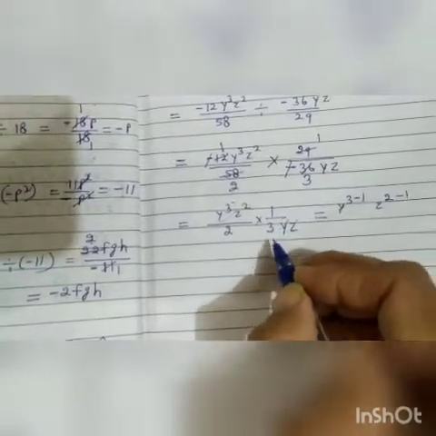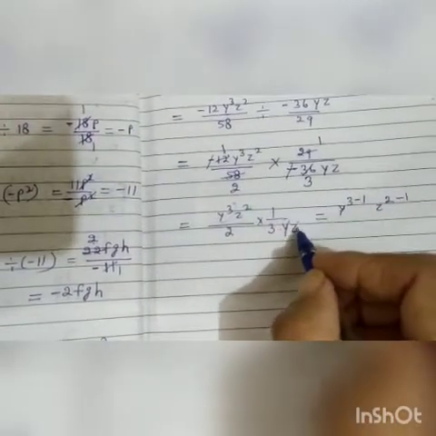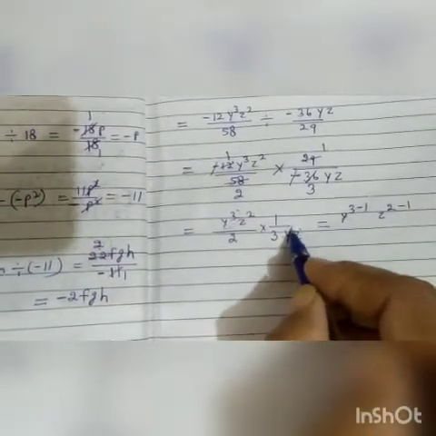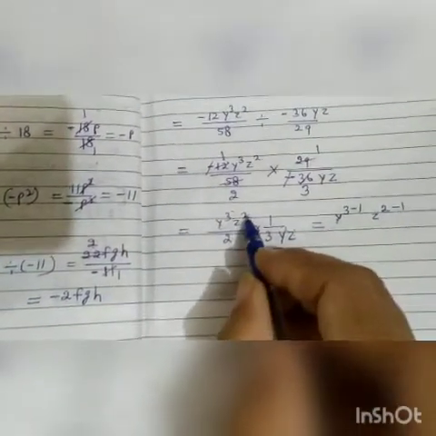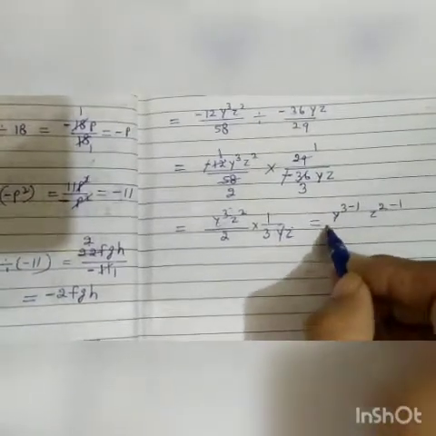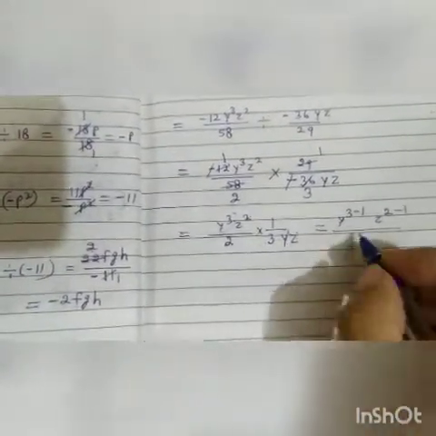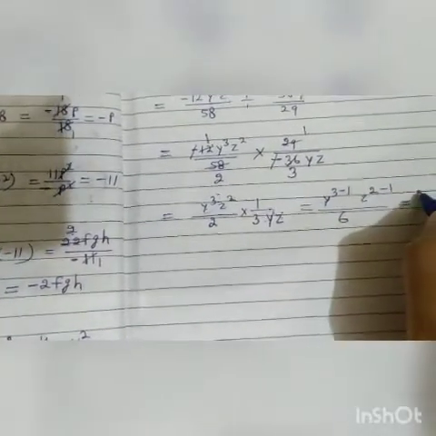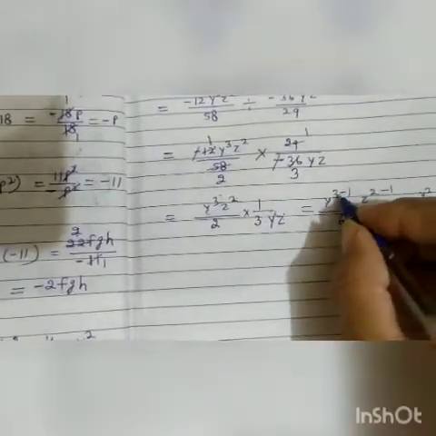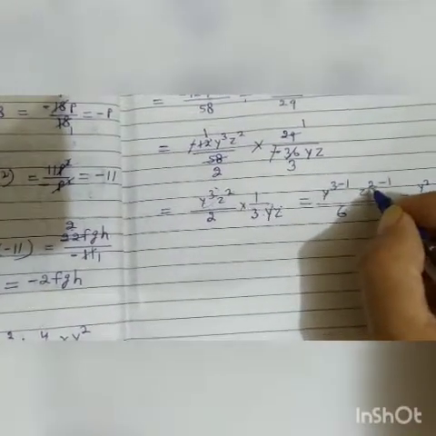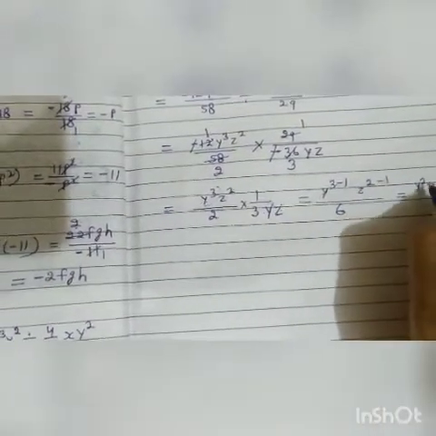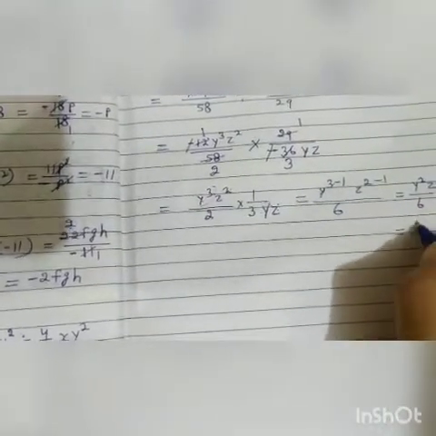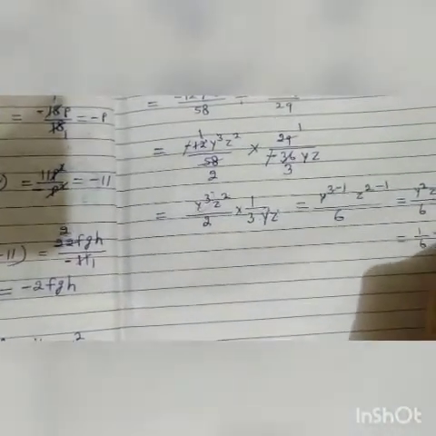We will take it from the denominator into the numerator, then the power will be subtracted. So y cube minus y power 1, z square minus z power 1, upon 2 3 is 6. So our answer is, what will be left? Y square, 3 minus 1 is 2, and z, 2 minus 1 means z power 1. We will write only z upon 6. It can be written as 1 upon 6 y square z.